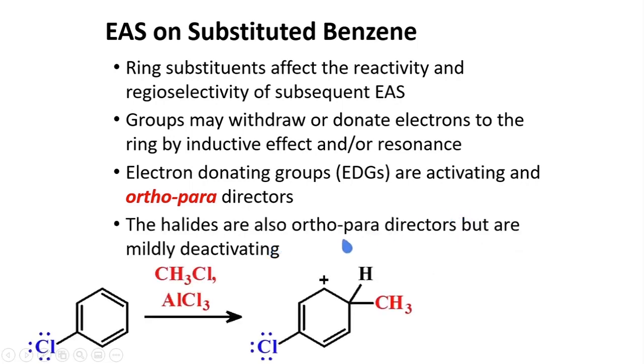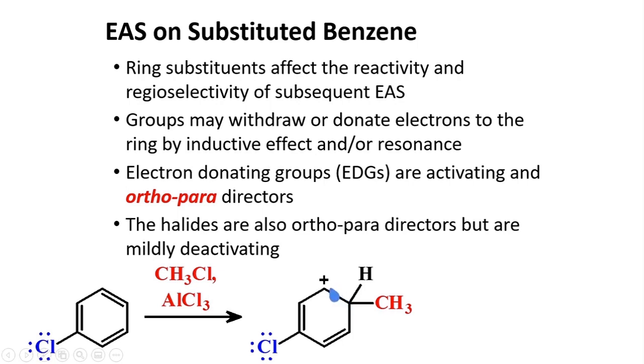Halides are also ortho-para directors, but are mildly deactivating. An example is chlorine. Once you have your chlorine and you want to add another substituent, such as a methyl group by Friedel-Crafts alkylation, the methyl group will preferentially be added at the ortho and para positions. Here I show the addition of the methyl group at the para position.